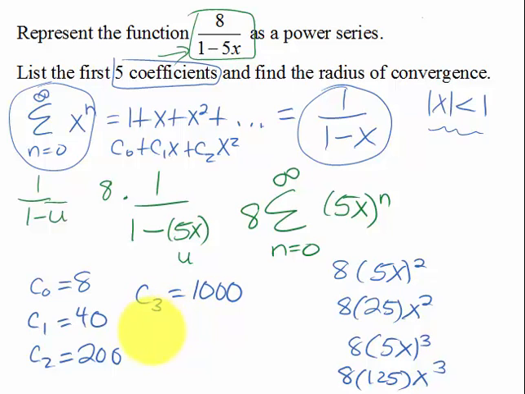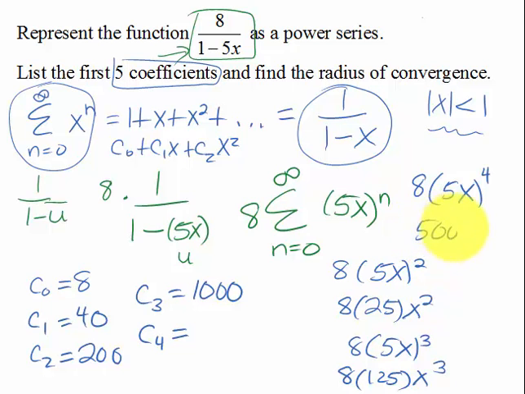And then finally, since it said 5 coefficients, the coefficient on my x to the fourth term: I'll go up here to put it in, it's going to be 8 times 5x to the fourth, so that would be 5 to the fourth, which is 625, times 8, and that happens to be 5000, and that's x to the fourth. So my coefficient there is 5000.